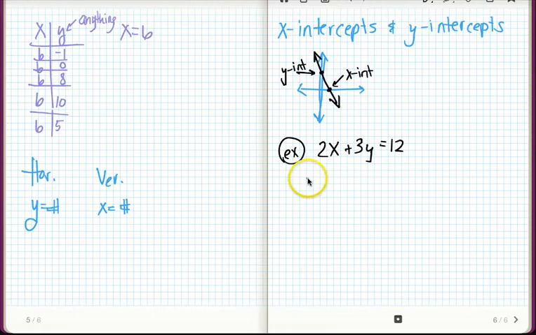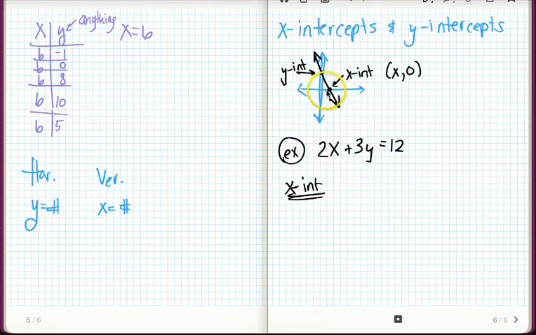So instead, when you're given an equation like this, we might solve for just the x and y intercepts. Well, how do you do it? Well, to find the x-intercept, we want to substitute a value in for y and solve for x. Now, why are we going to do this? Well, think about the x-intercept. Everywhere on the x-axis, the point is going to look like some number x, comma, 0.